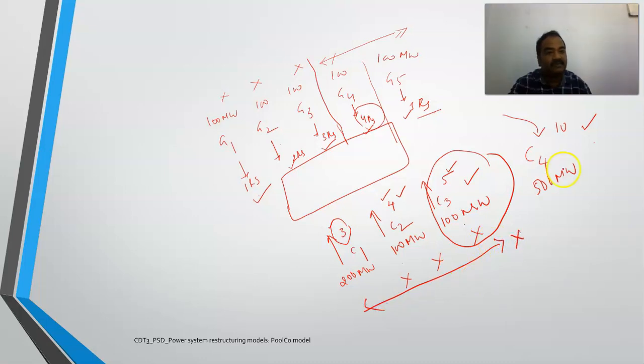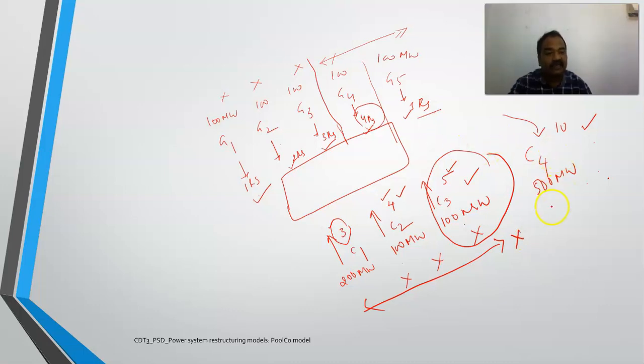The person ready to pay the highest price will automatically get the power in this Poolco model. If you are ready to pay only smaller prices, you may not get it. If generation is available, you will get it, but if it is not available, you will be left out in the markets.